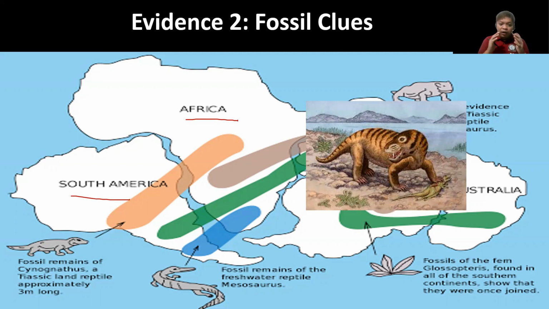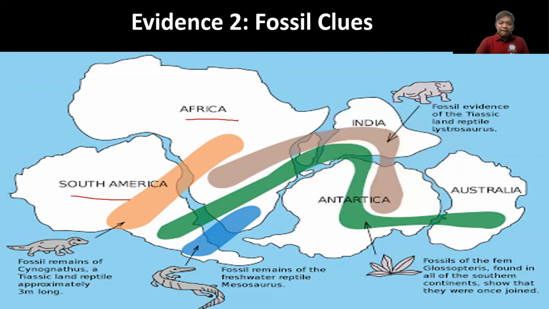Now, if you will look at the map, you will see that South America is kilometers away from Africa. Napakalayo po ng South America sa Africa. How come na itong land reptile na to, na Cynognathus, ay makikita sa South America and Africa? So isa lang po ang sagot dyan, dati pong magkadikit si South America and si Africa.